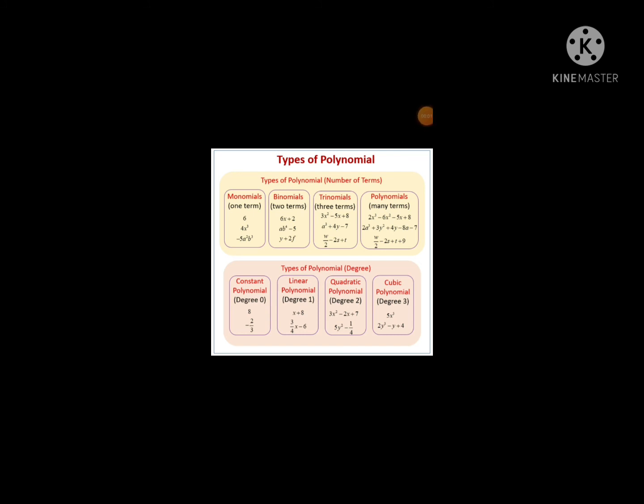Now, types of polynomial based on degree: we have constant polynomial, linear polynomial, quadratic polynomial, and cubic polynomial. You didn't study this in class 8, I think. Am I right? A constant polynomial has a degree of 0, a linear polynomial has degree 1, a quadratic polynomial has degree 2, and a cubic polynomial has degree 3.